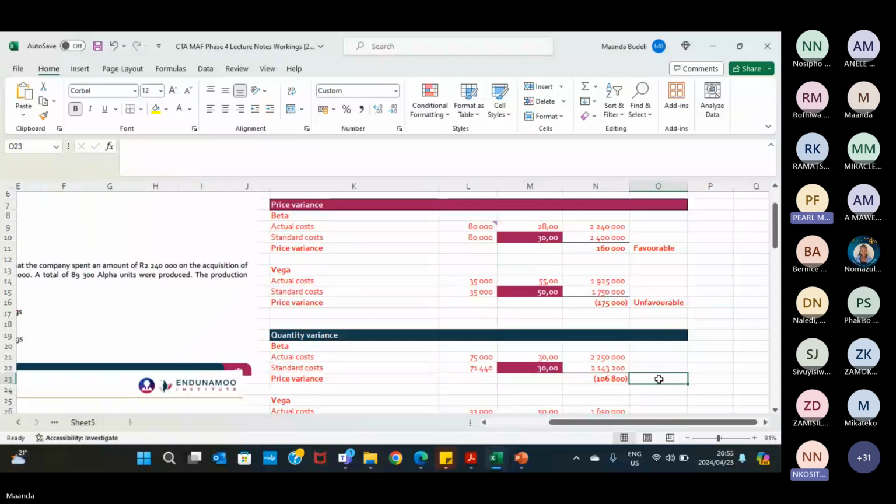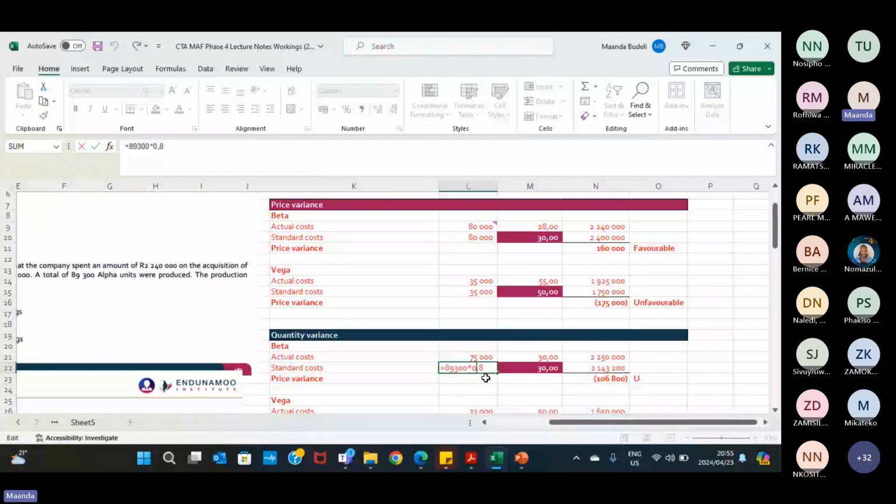Yes, because if you are using according to the standard, you are going to use 71,440, but in actual fact you used 75,000 kgs. That's why it is unfavorable. You used more than you had budgeted for the same units, right? For the same units, yes. 100%. Thank you, sir. So yes, this is now unfavorable.